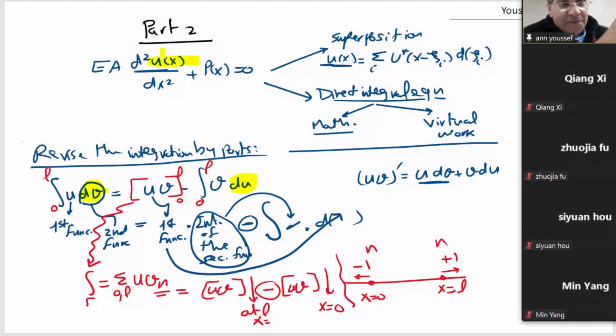This is the idea. So three things with the integration by parts: from where it comes; the second thing, it is a domain integral, and the first term is a boundary integral, a summation on the boundary points with the normal to give me this minus sign; and the third thing, the integration by parts actually weakens the differential operator that I have. This is the best thing about the integration by parts.